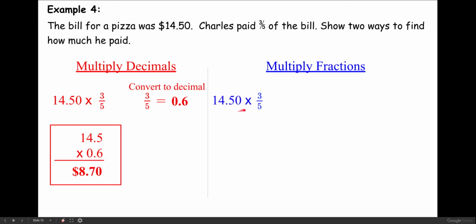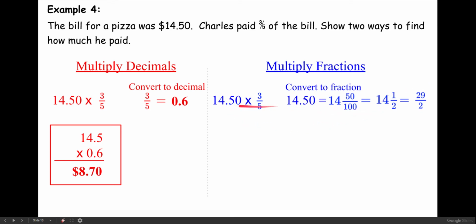Now, the other way is, instead of turning 3/5 into a decimal, you're turning $14.50 into a fraction, which doesn't make that much sense when we look at it, because $14.50 as a fraction is 14 and 50 over 100, which is 50 hundredths, the same as 14 and 5 over 10, or 14 and 1/2. And if we convert that into an improper fraction, it's 29/2.